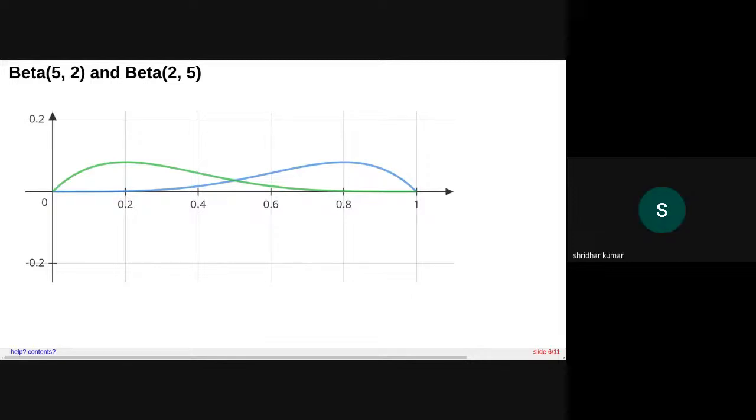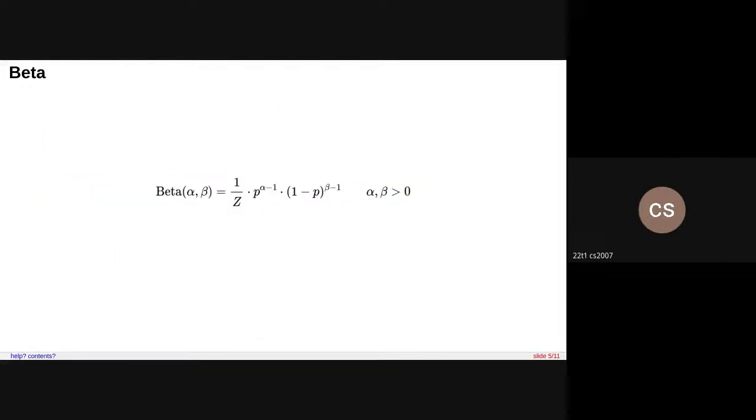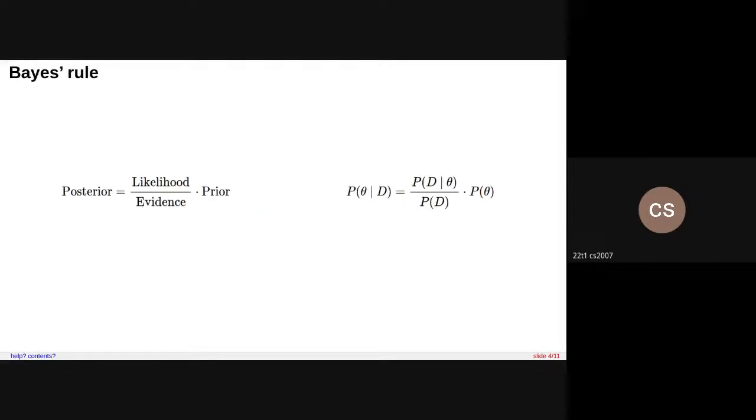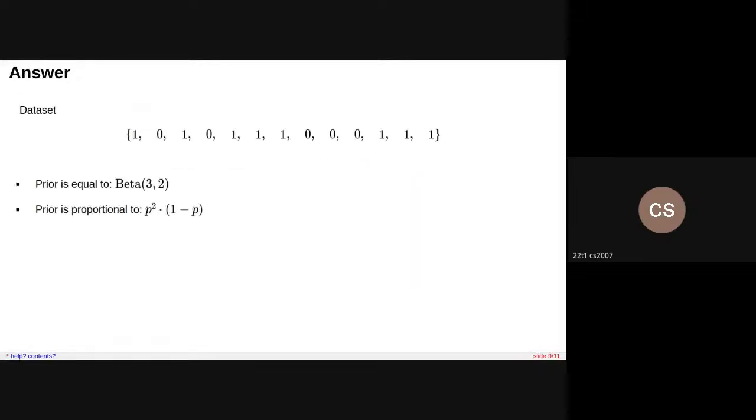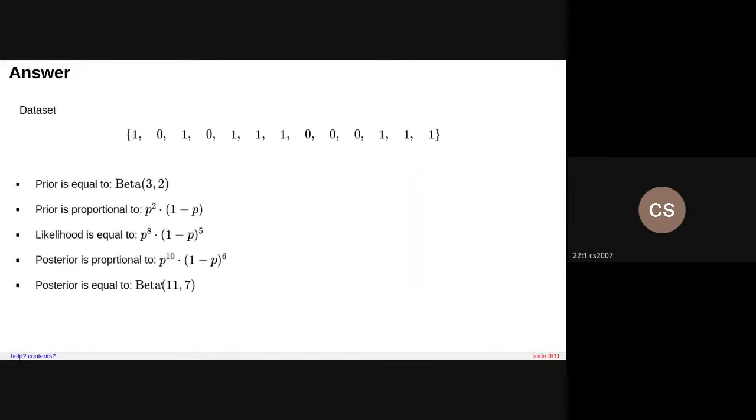MAP is the maximum a posteriori, as opposed to maximum likelihood. In maximum likelihood, you maximize P of D given theta. In maximum a posteriori, you maximize P of theta given D. So here you will maximize beta of 11,7.